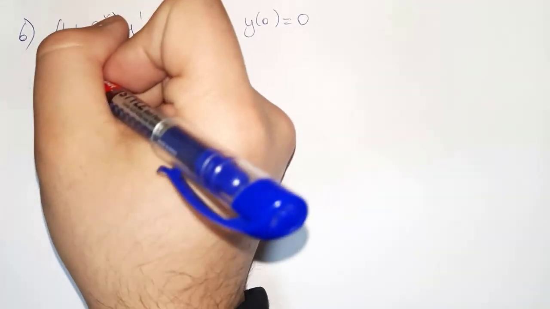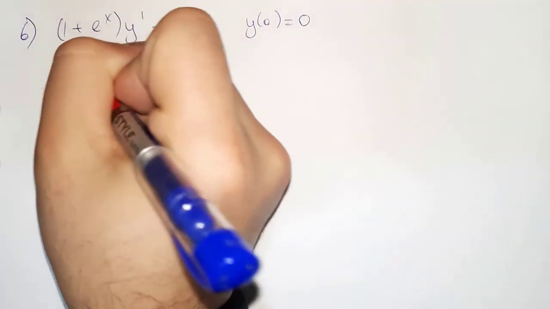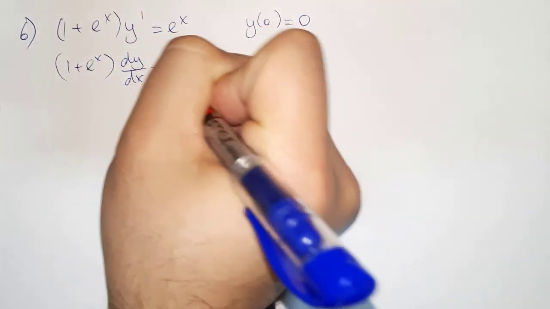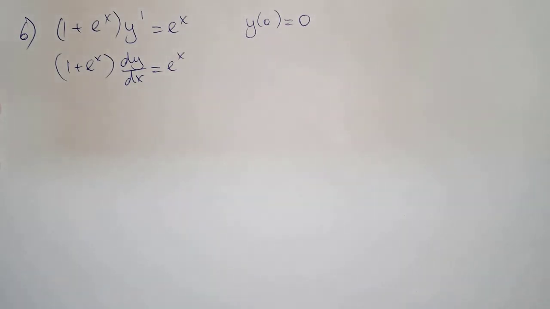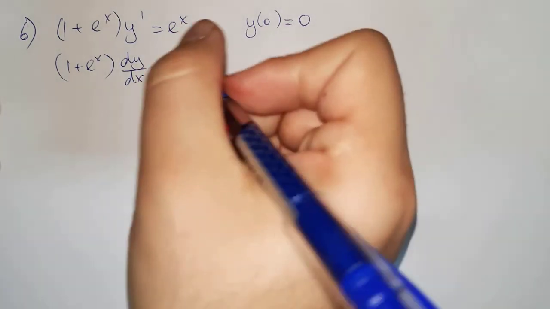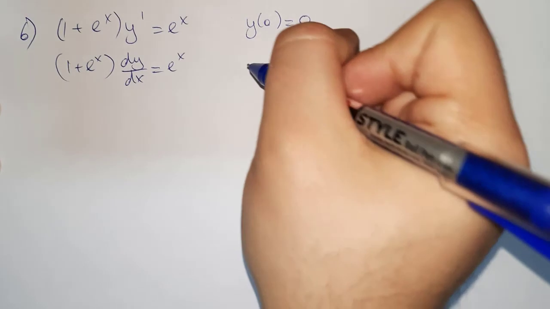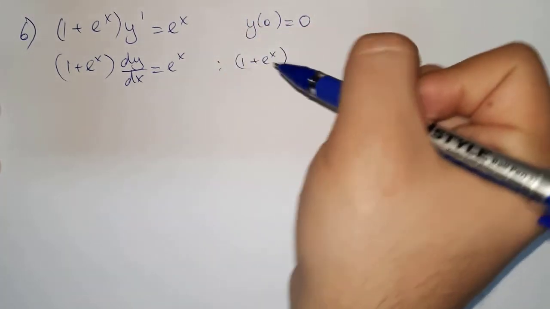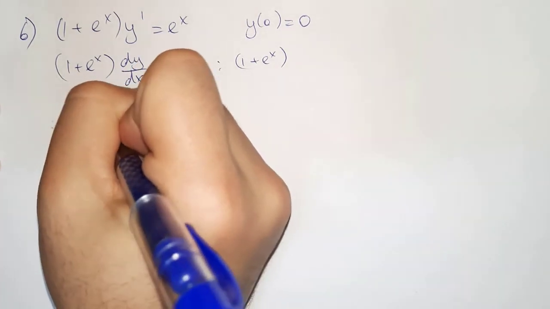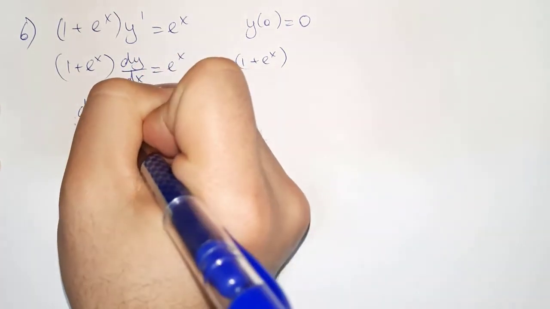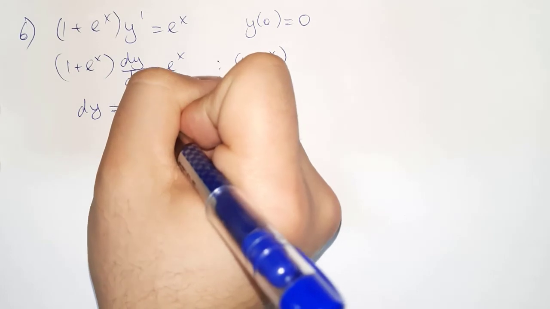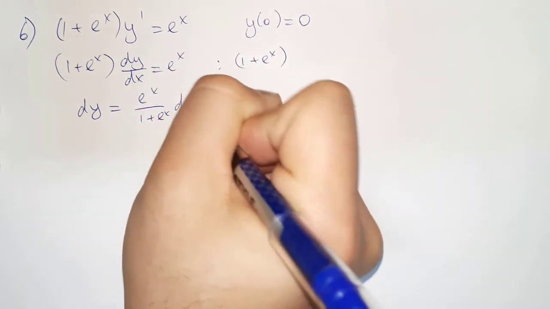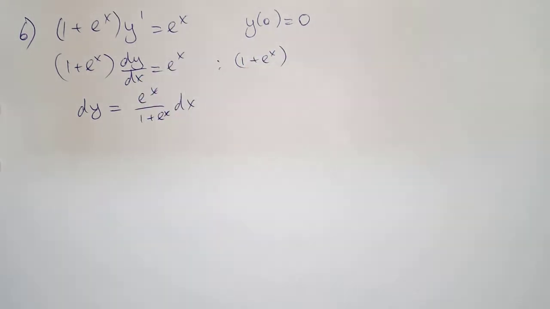We rewrite our equation as 1 plus e to the power of x times dy over dx equals e to the power of x. Divide both sides by 1 plus e to the power of x, and we get dy equals e to the power of x over 1 plus e to the power of x dx.